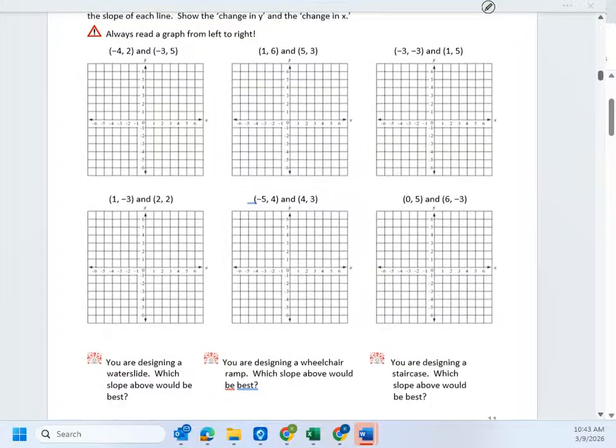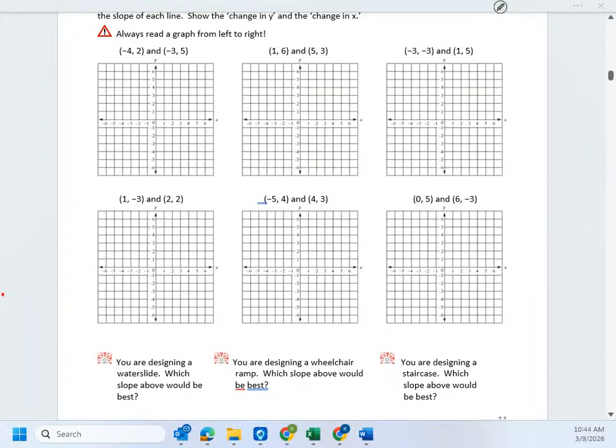When we read a graph, just like when we read words in a sentence, when we read our math problems, we read from left to right. So on the graph, we're going to go farthest point to the left and go to the right. So we always go left to right.